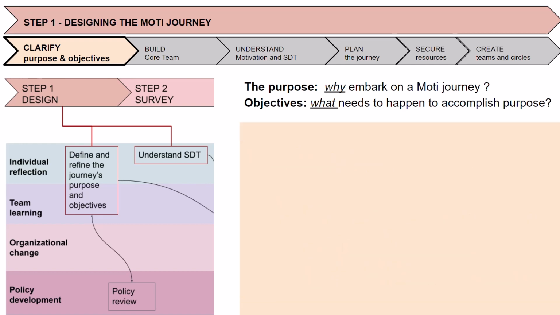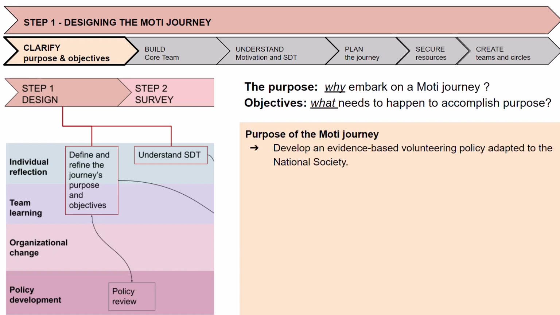We can find another example where the purpose would be to develop an evidence-based volunteering policy that would be adapted to your national society. So as you probably know, in 2022, the IFRC at the General Assembly has adopted a new volunteering policy.